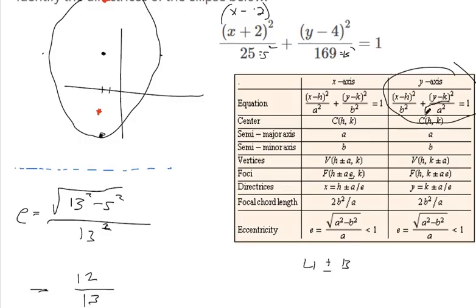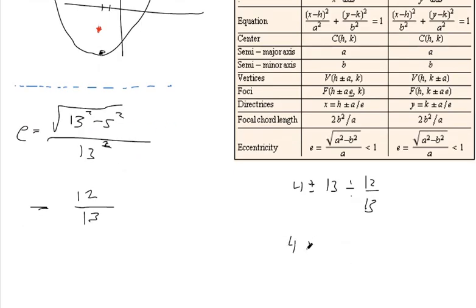Because our a is 13. And we divide that by e. Divide that by 12 over 13. So we'd flip and multiply. So this is 4 plus or minus 13 squared over 12.